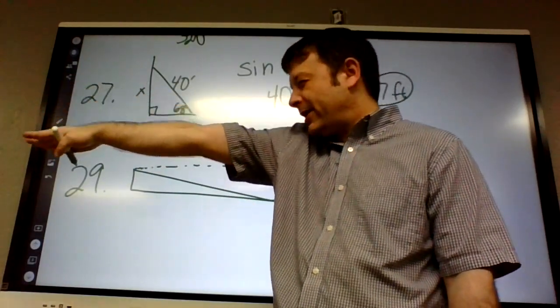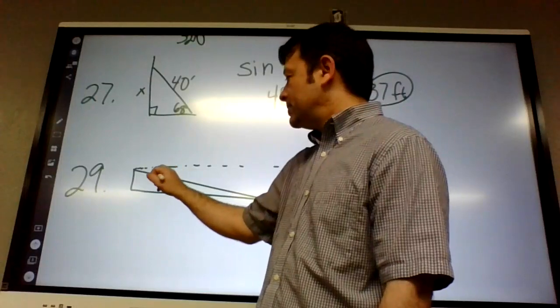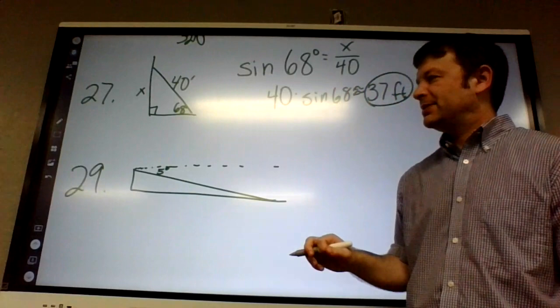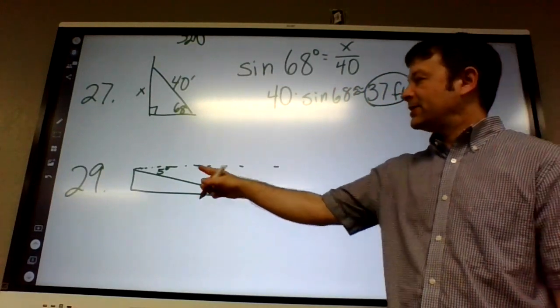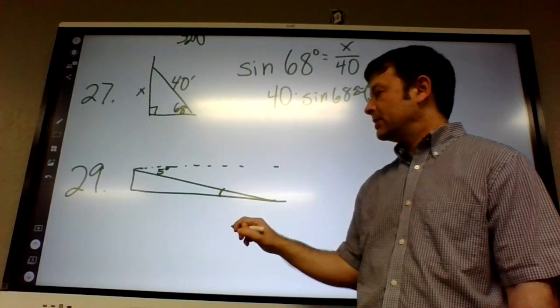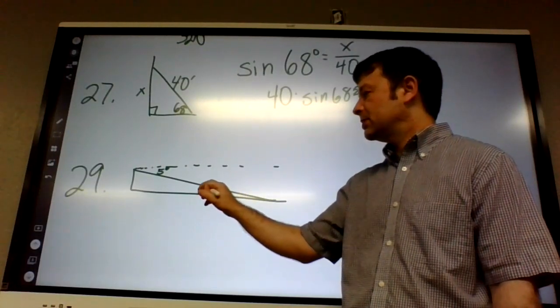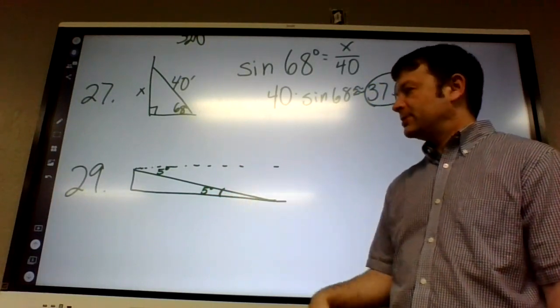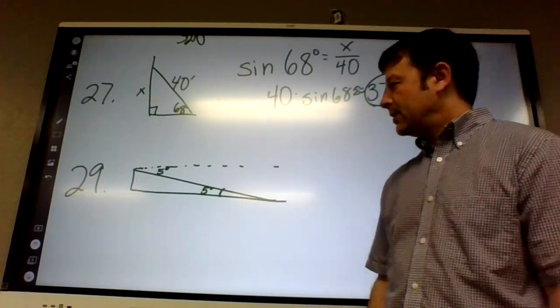If you're looking down, that's a 5-degree drop. If that's 5 degrees going down, then up here it's also 5 degrees, looking up from the bottom.